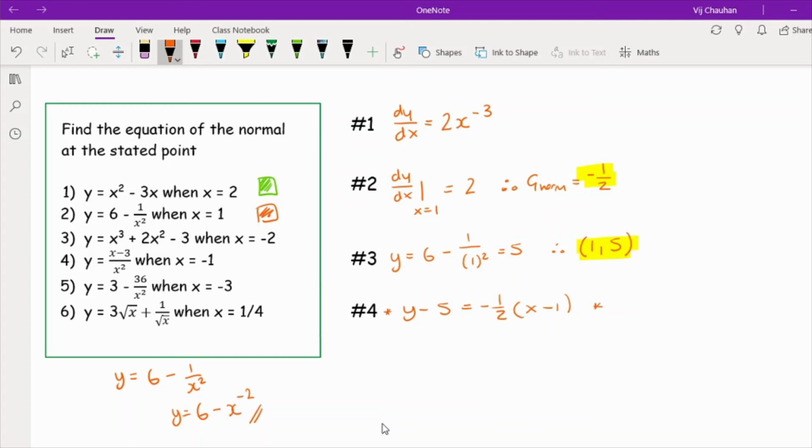However, I'm just going to simplify it by multiplying the 2 across. So I get 2y minus 10 equals minus x plus 1. On the left hand side, all I've done is multiplied everything in the bracket by minus 1. Another formation of writing this would be 2y plus x equals 11.